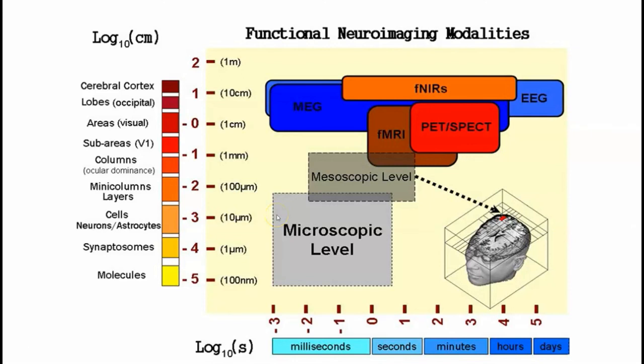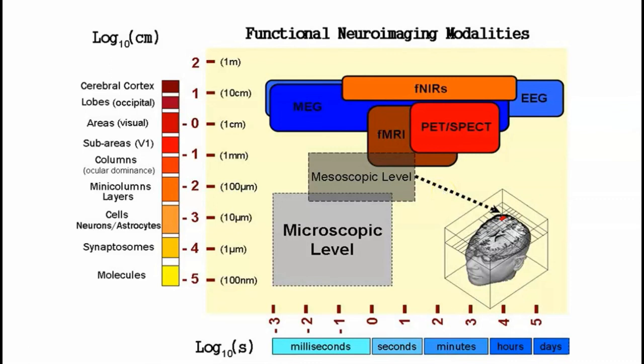This figure shows the spatial and temporal resolution profile of the most used brain imaging modalities. Temporal resolution is depicted on the horizontal axis, and spatial resolution is aligned on the vertical axis, both on a logarithmic scale, with indications of relevant periods of time and brain structure.